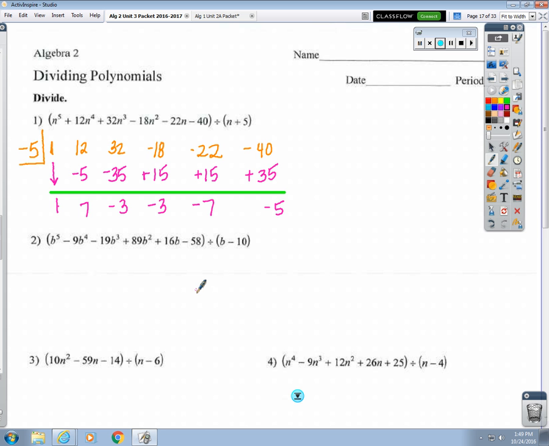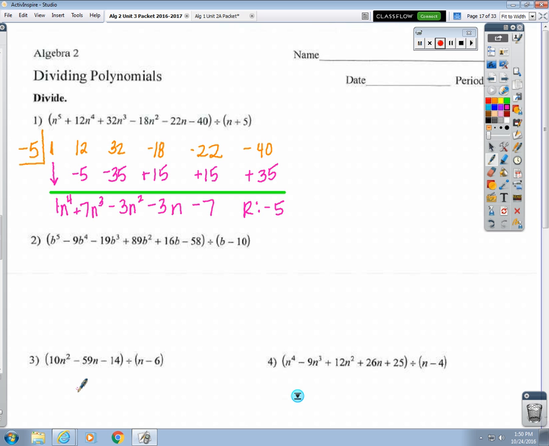This is how you write the answer. Since your question started out n to the 5th power, you start your answer n to the 4th power. So that's n to the 4th plus 7n cubed minus 3n squared minus 3n minus 7, remainder of negative 5.